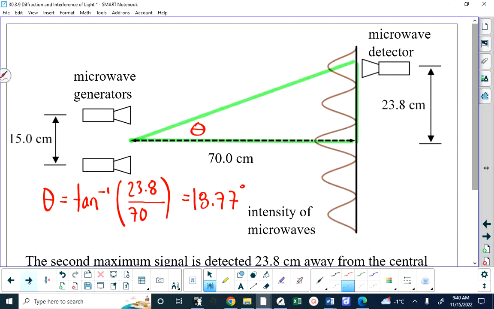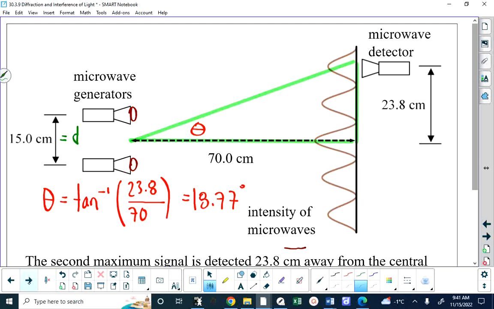You have an opening here that the microwaves are leaving. You have an opening here that the microwaves are leaving. And as the microwaves leave either of those openings, they spread out, producing that interference pattern. So this is D. L is 70 centimeters. X is 23.8 centimeters.